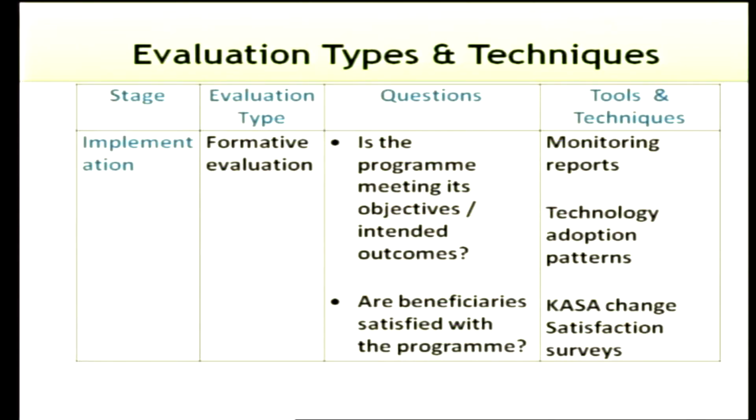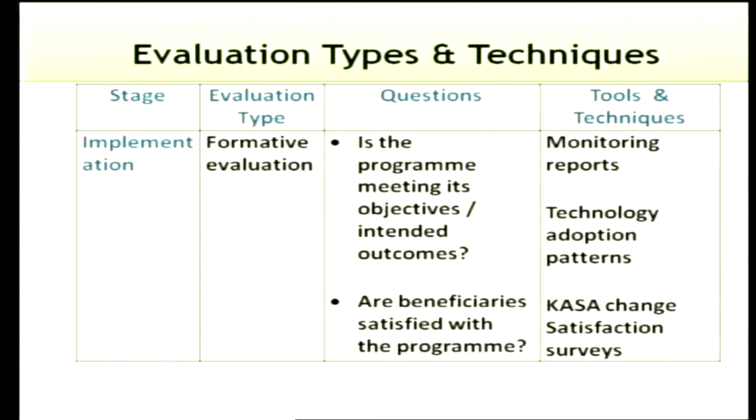In the formative evaluation, the question we usually ask is, is the program meeting its objectives or intended outcomes? Before formulating the program, we formulated the objectives and we expected some outcomes. In the midterm evaluation, we ask whether the program is meeting the intended objectives or outcomes. Are beneficiaries satisfied with the program?